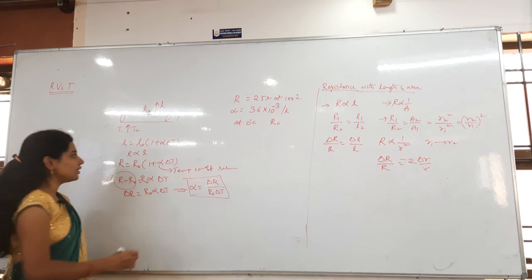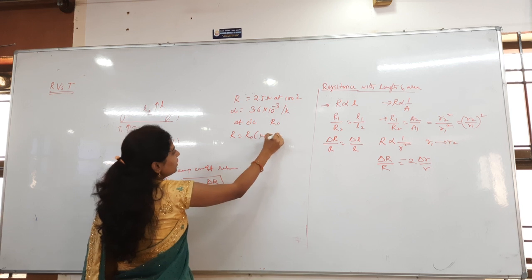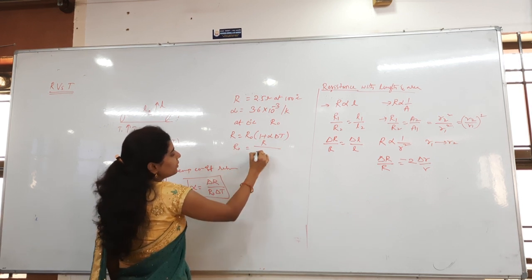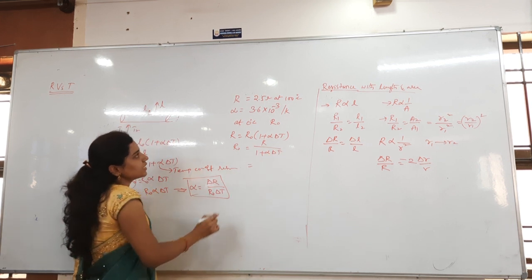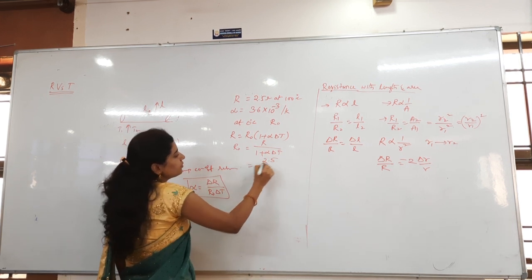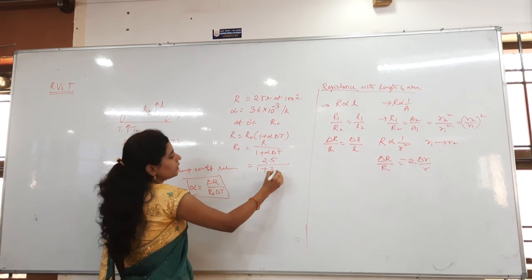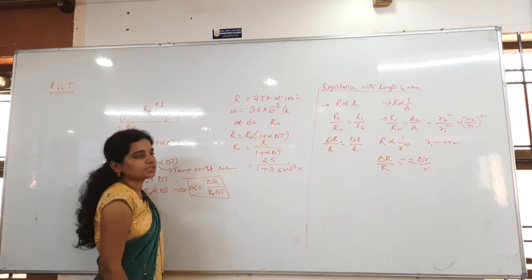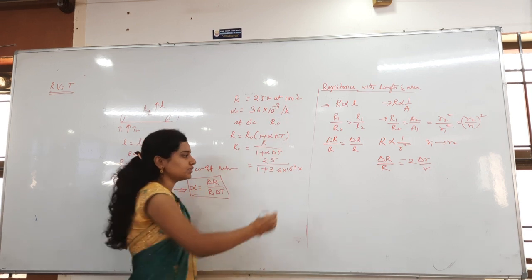So R is equal to R naught into 1 plus alpha delta T. Then R naught is equal to R by 1 plus alpha delta T. Now R is 2.5, divided by 1 plus alpha value 3.6 into 10 power minus 3 into delta T. Delta T is how much? Initially 0, finally 100 degrees Celsius, so 100.